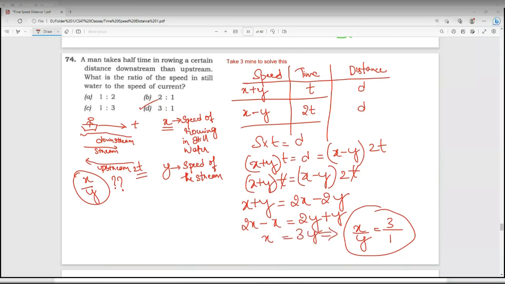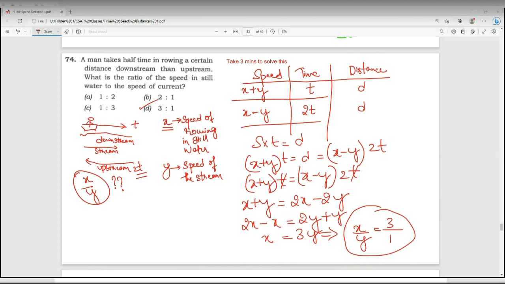See, what they're saying is a man takes half the time in rowing a certain distance downstream than upstream. So whatever he's taking upstream, that half, for example, if he's taking upstream 2 hours to go, it will be 1 hour for downstream.